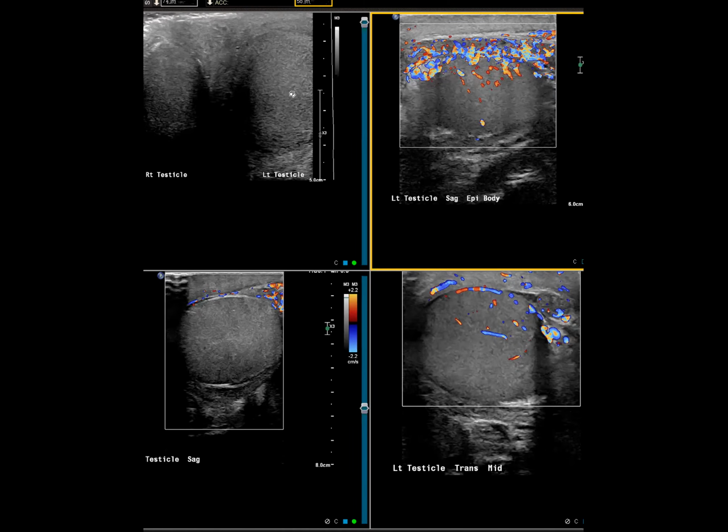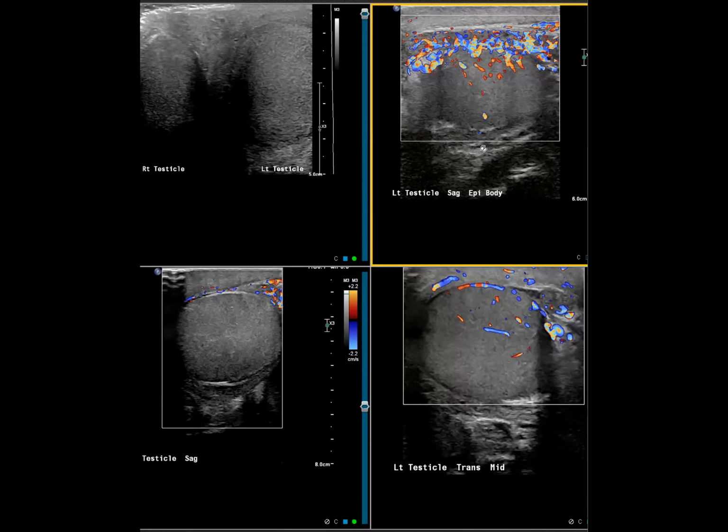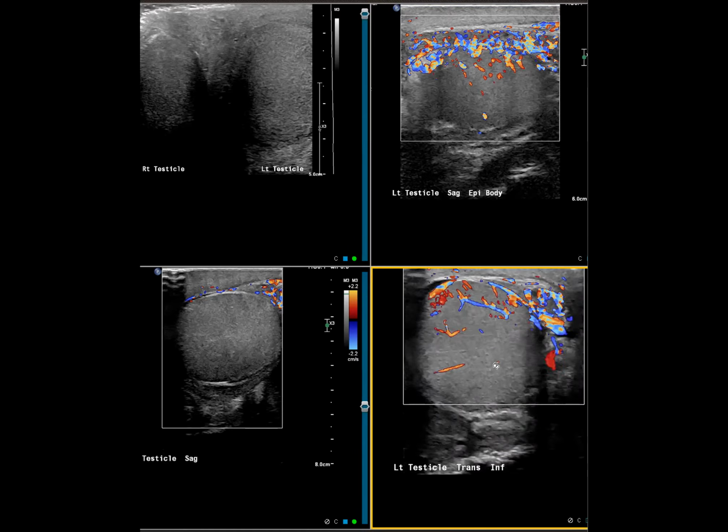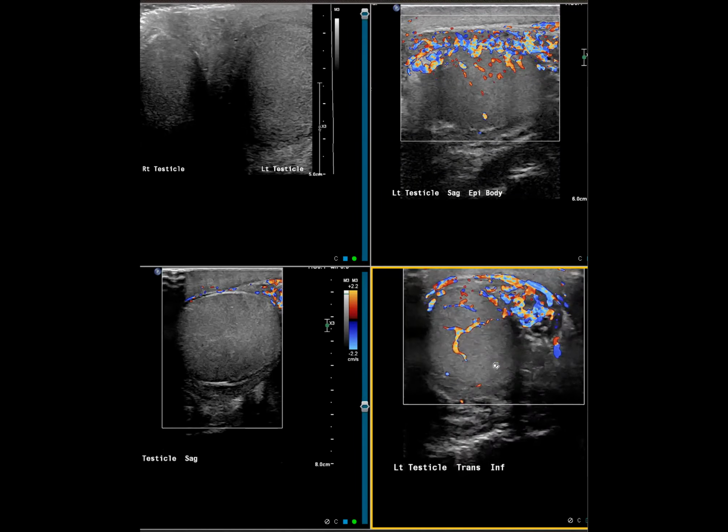Before going to the next ultrasound, what do you think of this case? Was the report that said epididymo-orchitis okay, or do we need to raise concern for something else? I would have thought epididymo-orchitis. I guess another possibility is torsion, detorsion.